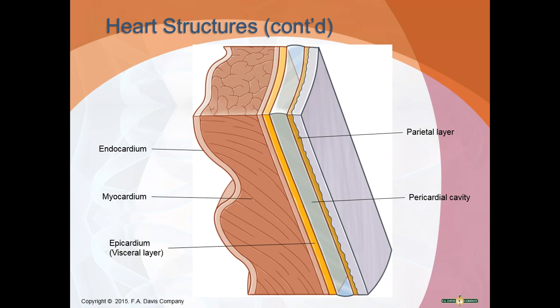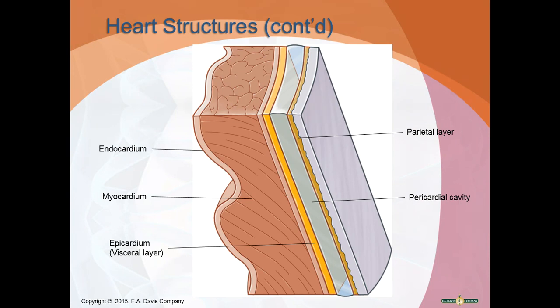Parietal is going to be on the other part, which in this case is the pericardium, and then there's a separation, where you have the pericardial cavity. It's between the 2 layers.